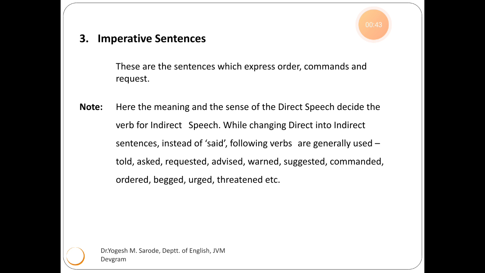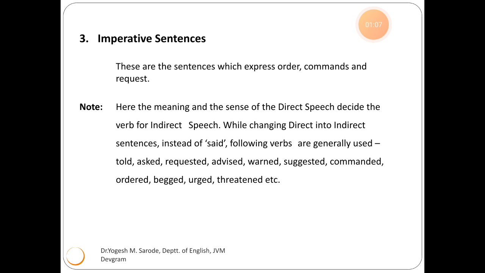Number three, imperative sentence. And number four, exclamatory sentences. We have already seen how to make direct into indirect of first two types. So today we'll focus on making direct sentence into indirect of imperative type.